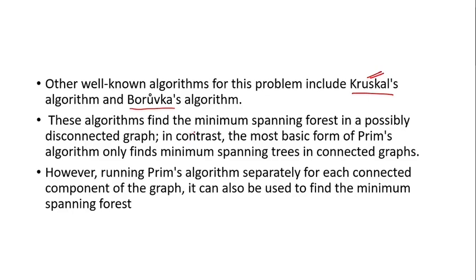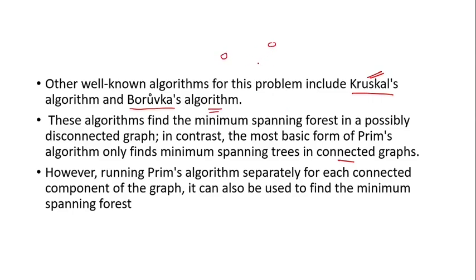These algorithms find the minimum spanning tree forest in a possibly disconnected graph. In contrast, the most basic form of Prim's algorithm only finds a minimum spanning tree in a connected graph. So they are stating the difference between Borůvka's and Kruskal's algorithms: they might be implemented on a disconnected graph. A disconnected graph means there is no connection, maybe one vertex is isolated.